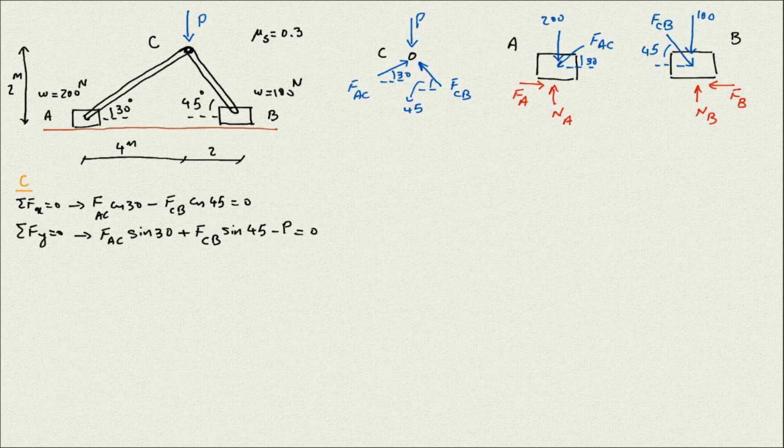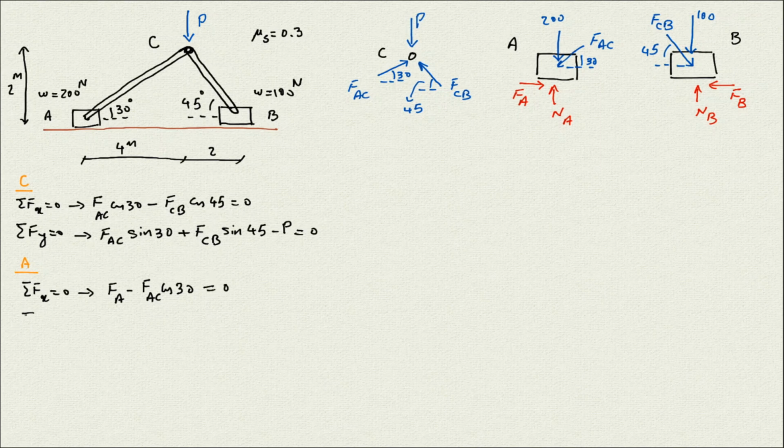Now I would start to write the same thing for the block A. I would write everything that we have at the block A. Again, sigma Fx is 0. If I write the sigma of x, I have FA positive, and then I have FAC cosine 30 negative, so it's going to be 0.